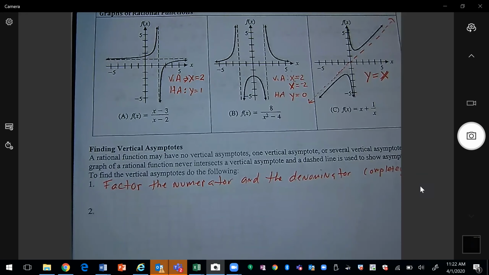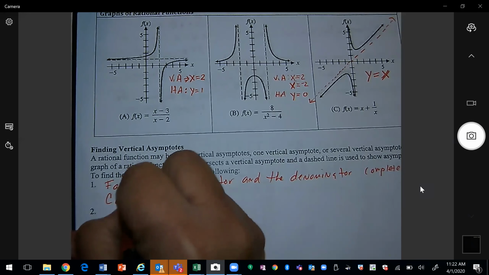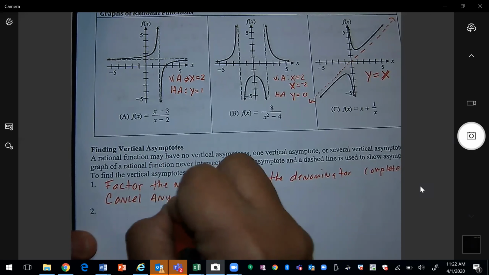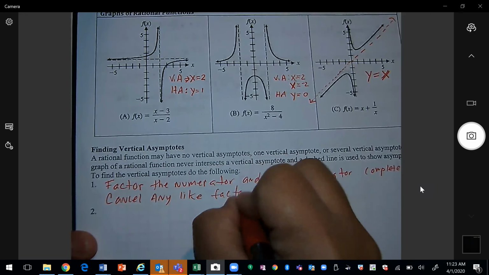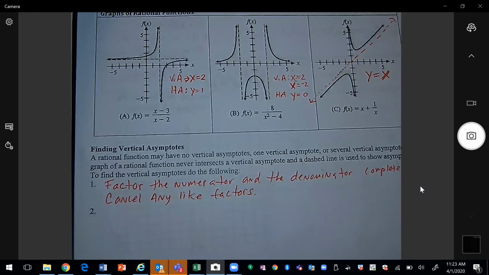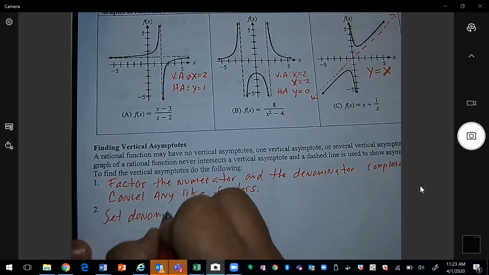Okay. And once you factor, you want to cancel any like factors. And I'll give you some examples here in a second. And then number 2, what we want to do is set the denominator equal to 0, kind of like the way we found the domain.